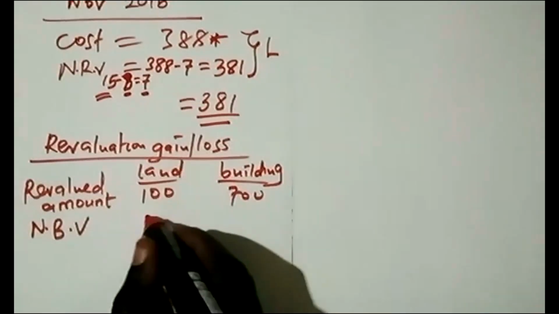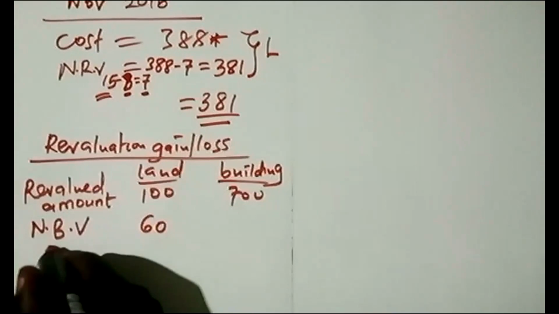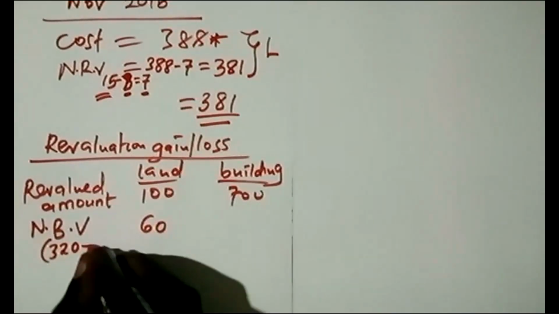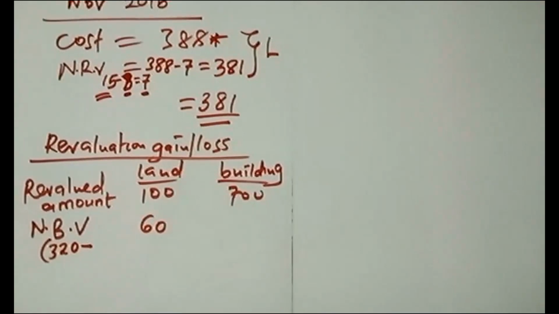So the net book value for building will be the cost minus the accumulated depreciation, because now the building must be depreciated. For land, there is no way you can subtract depreciation.